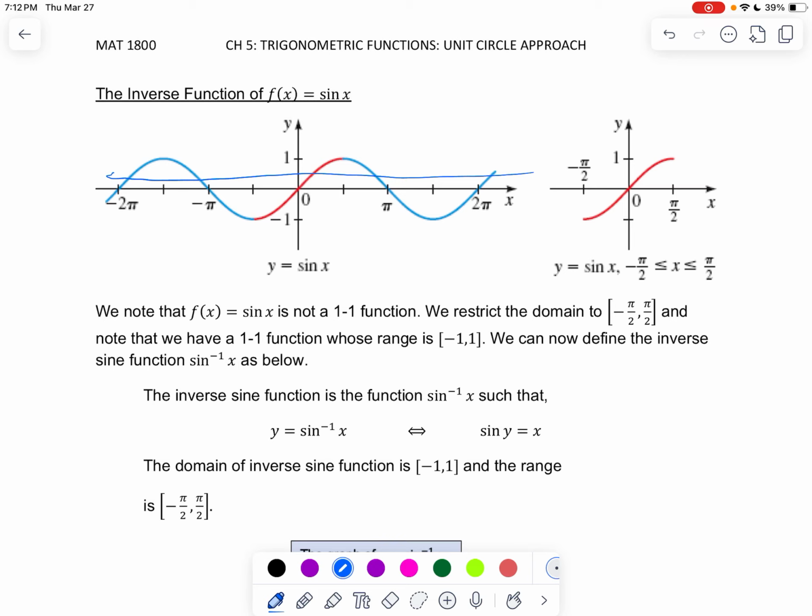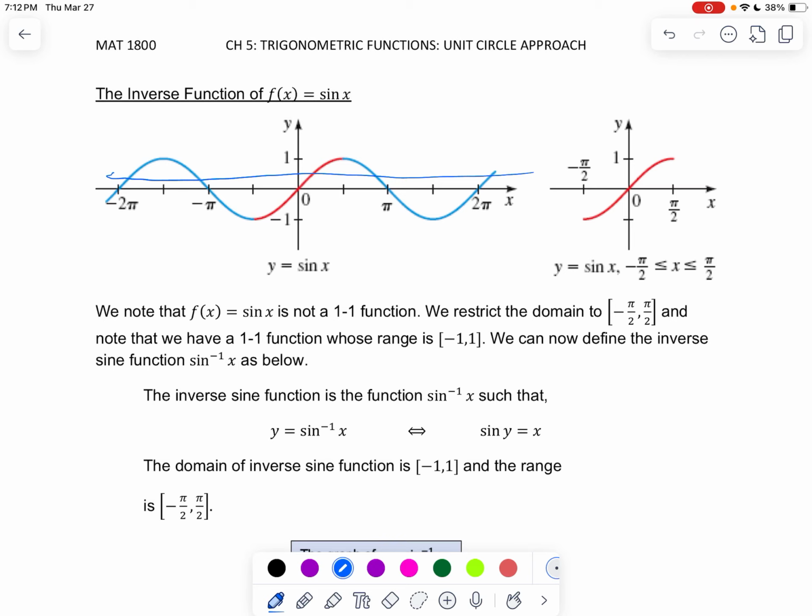Inverse sine, inverse cosine and inverse tangent are useful in many real life phenomena. We can define an inverse sine function by restricting the domain of the sine function.